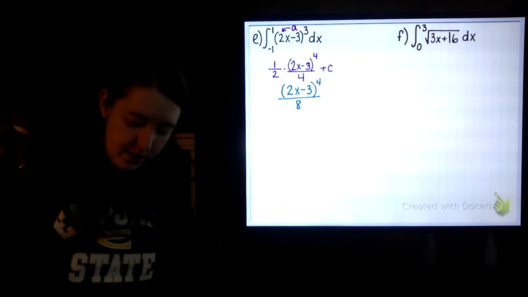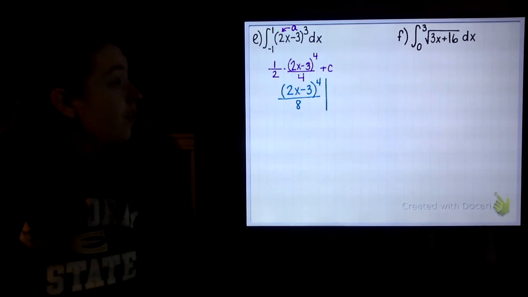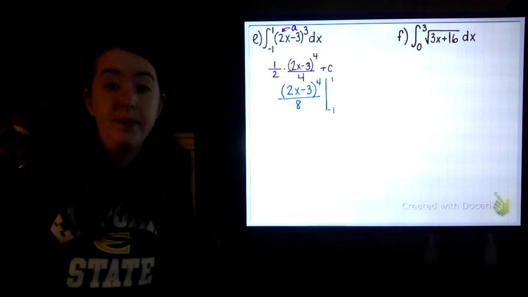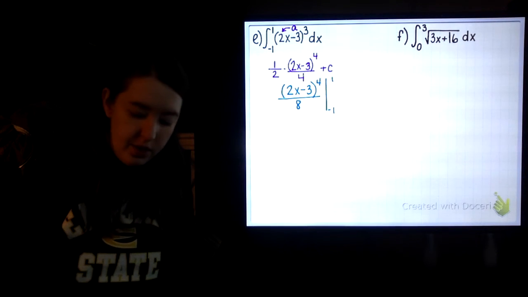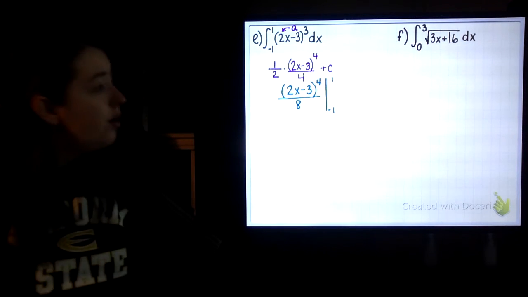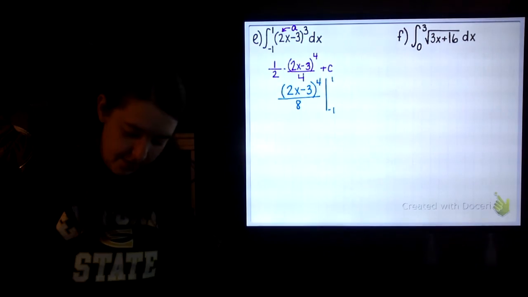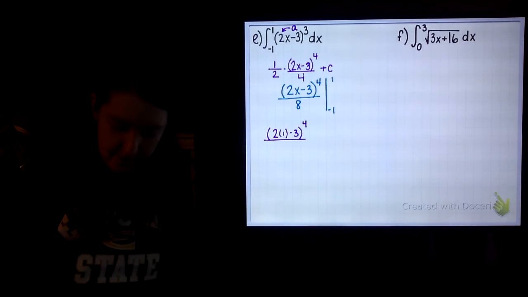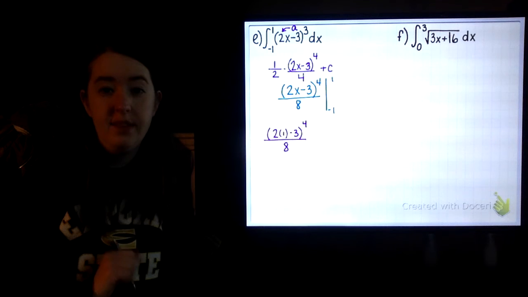And then I need to evaluate from -1 to +1. So what we're going to do is plug in our upper bound first. So if I plug in +1, I have 2 times 1 minus 3 to the 4th power over 8.